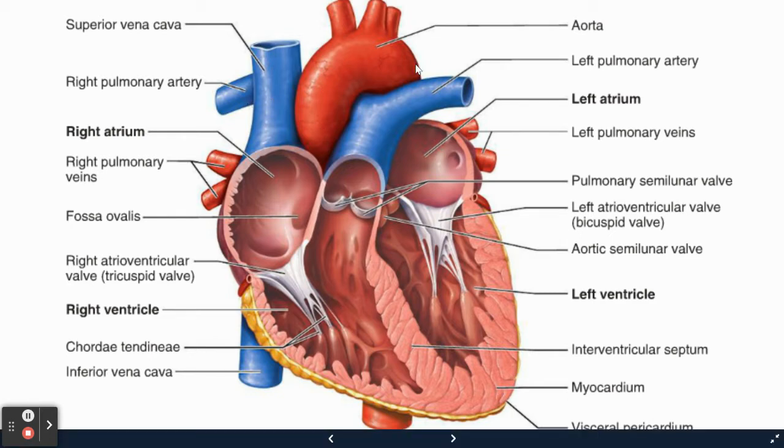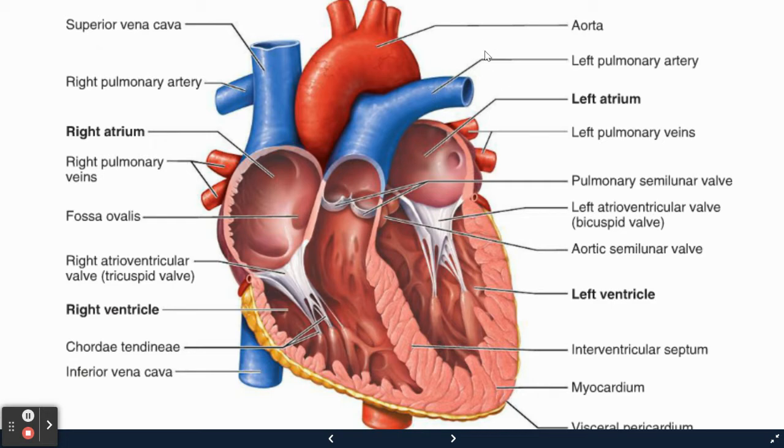The aorta is here, a big, thick, strong blood vessel. You've got the right atrium, to the valve here, which is called your tricuspid valve. Here we have your right ventricle. This right ventricle goes up to the pulmonary semilunar valves, or just pulmonary valves, and then it leaves the heart.